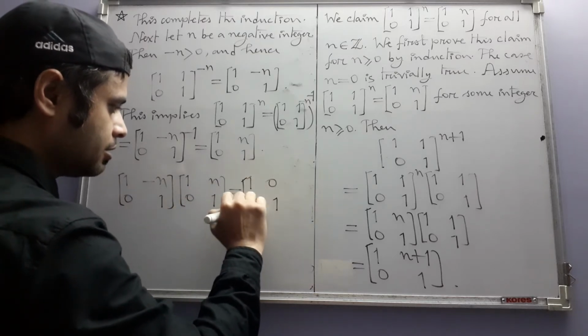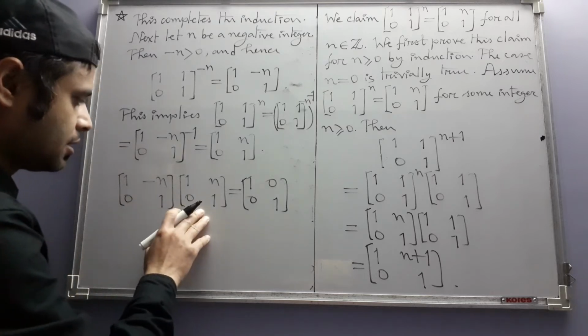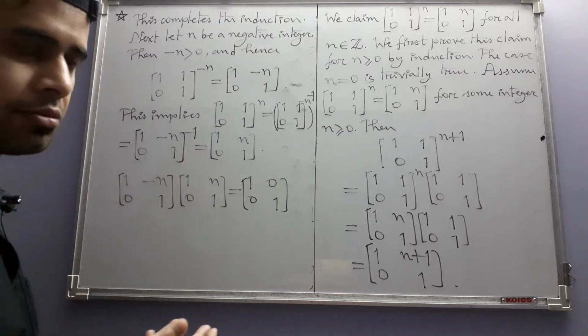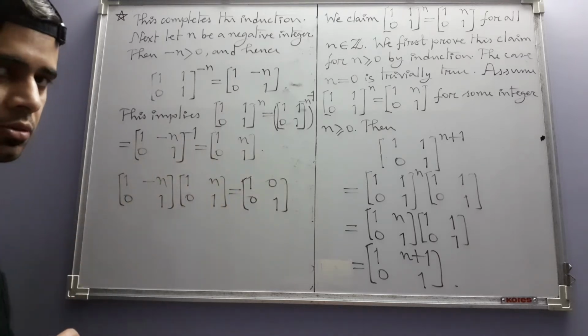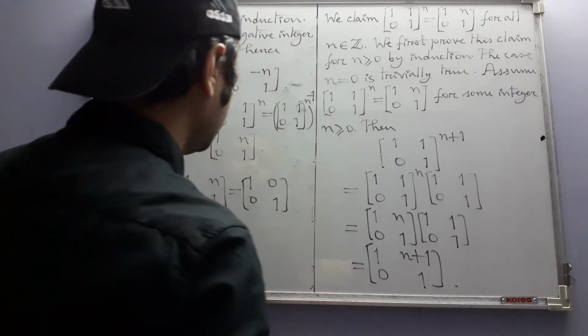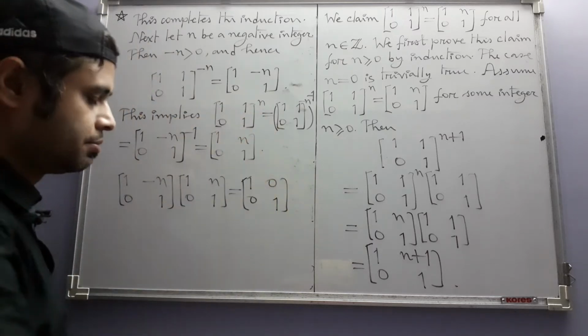So you get the identity matrix. You can switch the places of these matrices, change the order. That product will also be the identity matrix. So this actually is the inverse of this. So you see that even when n is negative, that same claim is true.